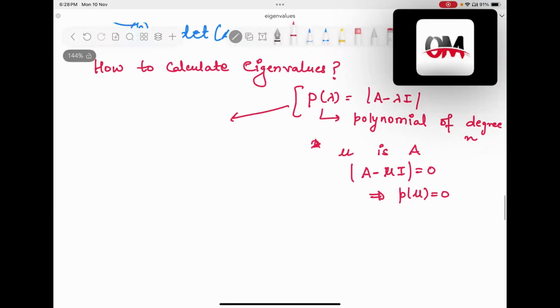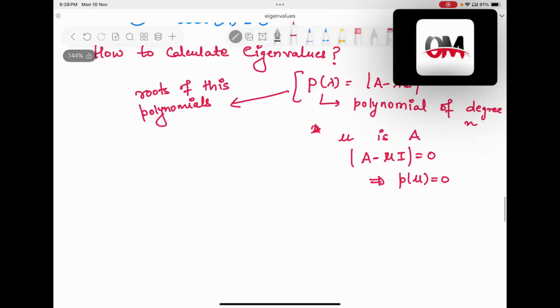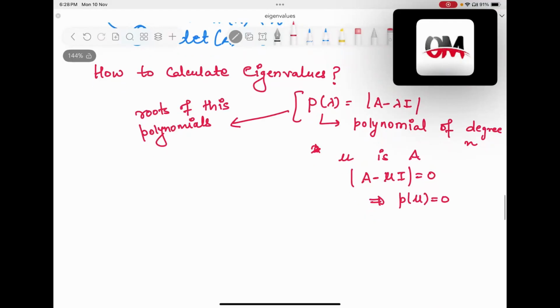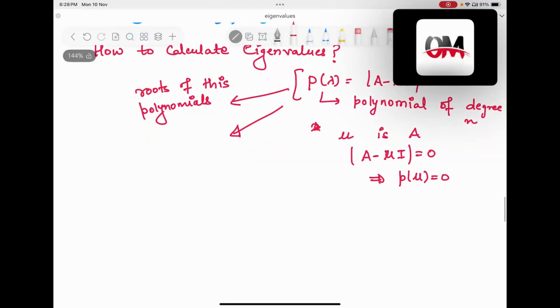Eigenvalues are just roots of this polynomial. Just calculate this polynomial and find the roots. That will be your eigenvalues, right? And this polynomial has a particular name called the characteristic polynomial.